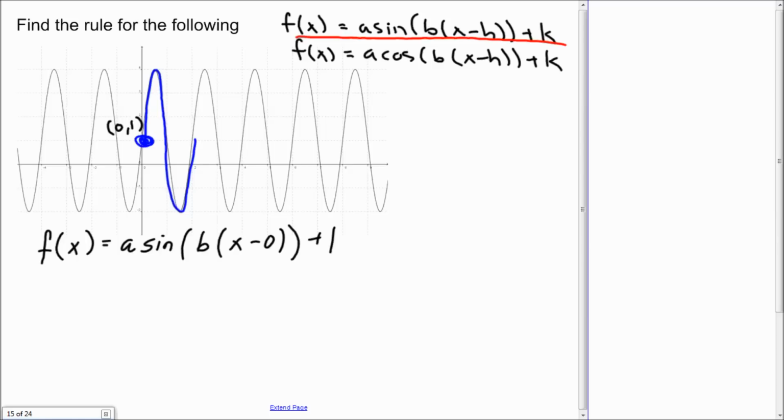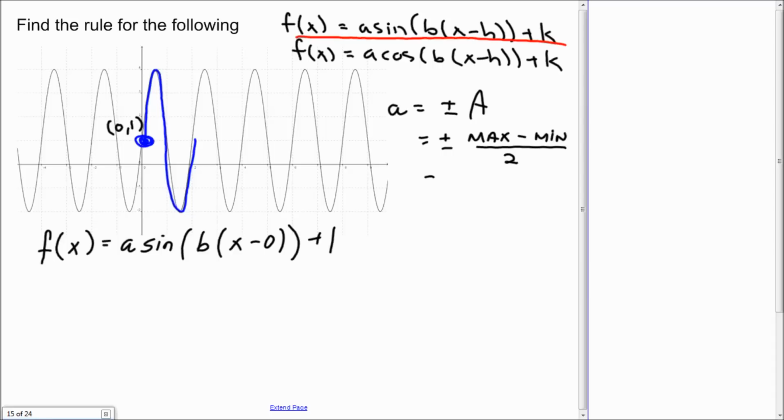Our next task is to take a look at the b value and the a value. And we know that the a value is equal to plus or minus our amplitude. And our amplitude is defined as our maximum minus our minimum divided by 2.